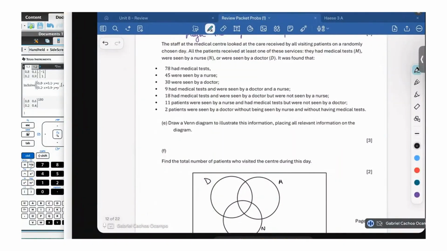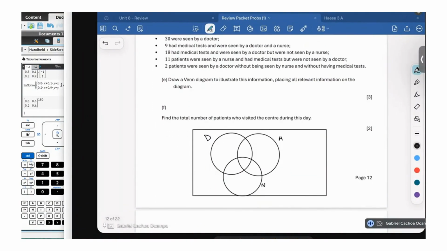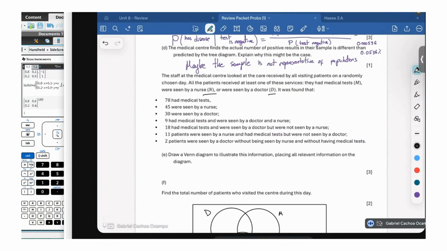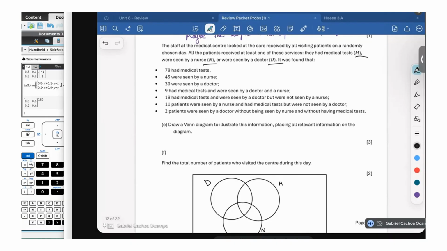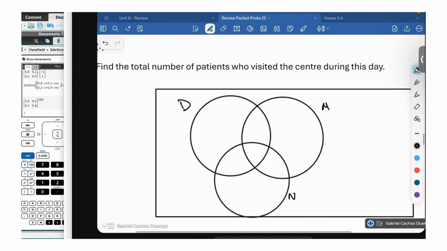Okay, to do the Venn diagram, you need to draw a universe set, like the rectangle with three little balls inside, labeled D, M, and N as the sets. We're going to start with the innermost part of the information. Read it, and you will find that we have 9 patients that were seen by a doctor, a nurse, and have had medical tests.